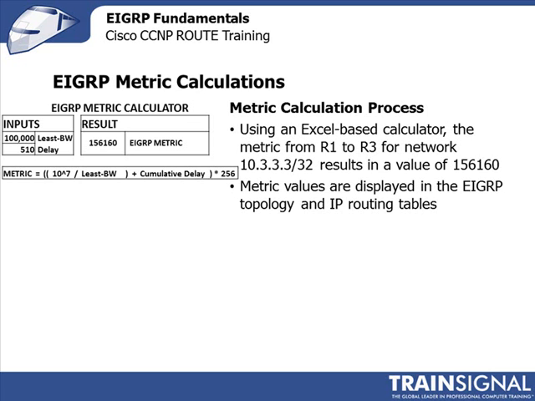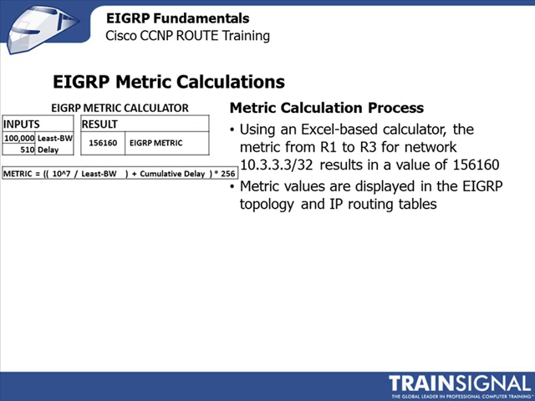Remember, this is constrained bandwidth along the way. In this case, it's 10 to the 7th power divided by 100,000. Then add in the cumulative delay. And remember that it's tens of microseconds, so that's why underneath there where it says delay, it's only 510, because it's in increments of 10, so we had to move the decimal place over. So 100,000 into 10 to the 7th power, then adding in the 510 for the delay, then taking those two together and multiplying it by 256 is where this number comes from.